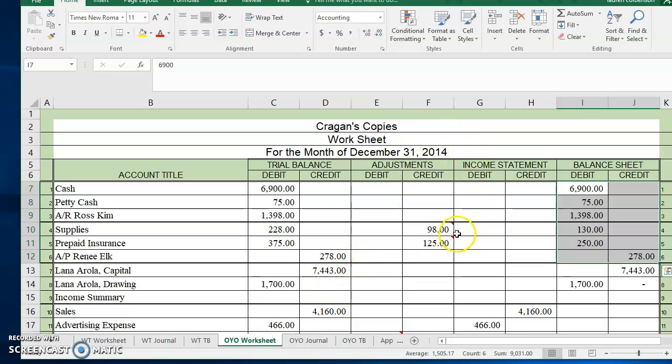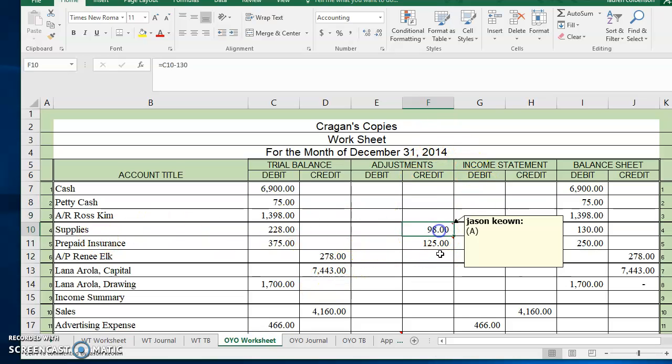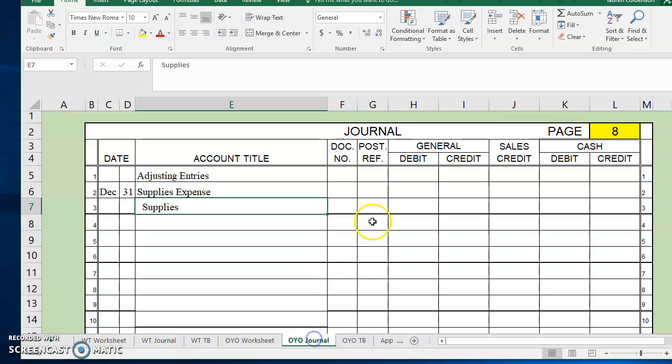And if you look, your supplies adjustment is for $98. So again, supplies expense would be debited and the asset would be credited. And the reason we would do an adjustment for supplies is because we used up some supplies during the month of December. So we have to make that adjustment.